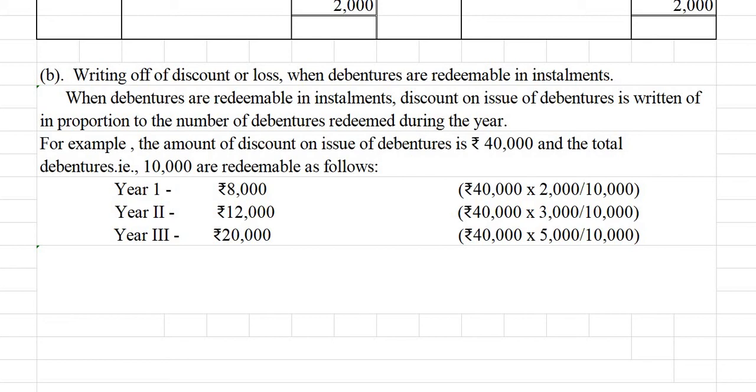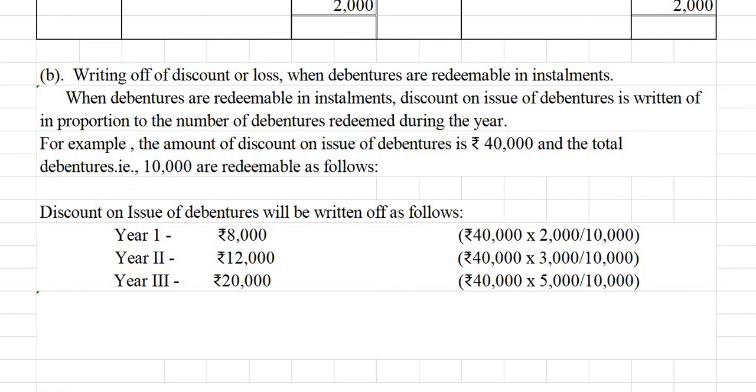How will it be calculated? In the first year, 8,000 rupees is written off. How is it written off like this? Because here it is given that in the first year 2,000 debentures were redeemed, out of the 10,000 debentures.